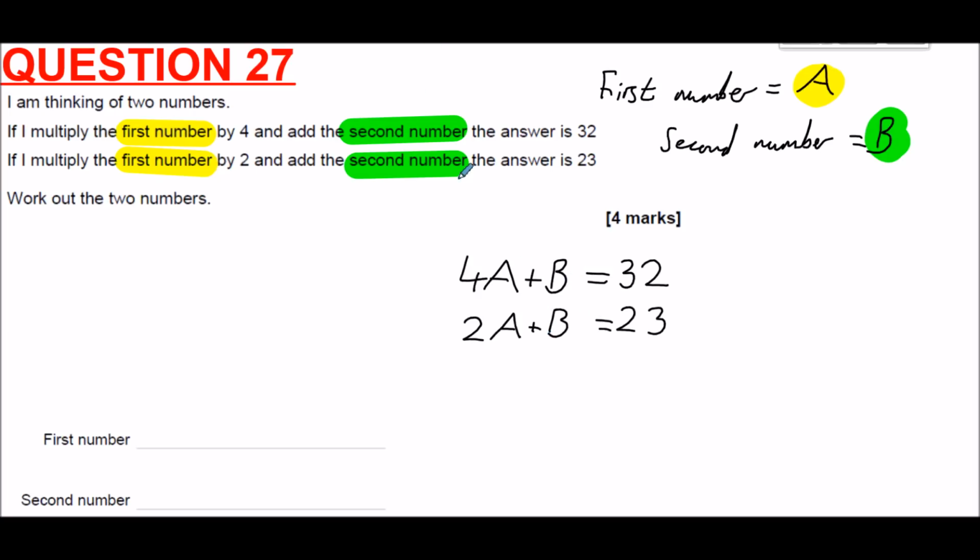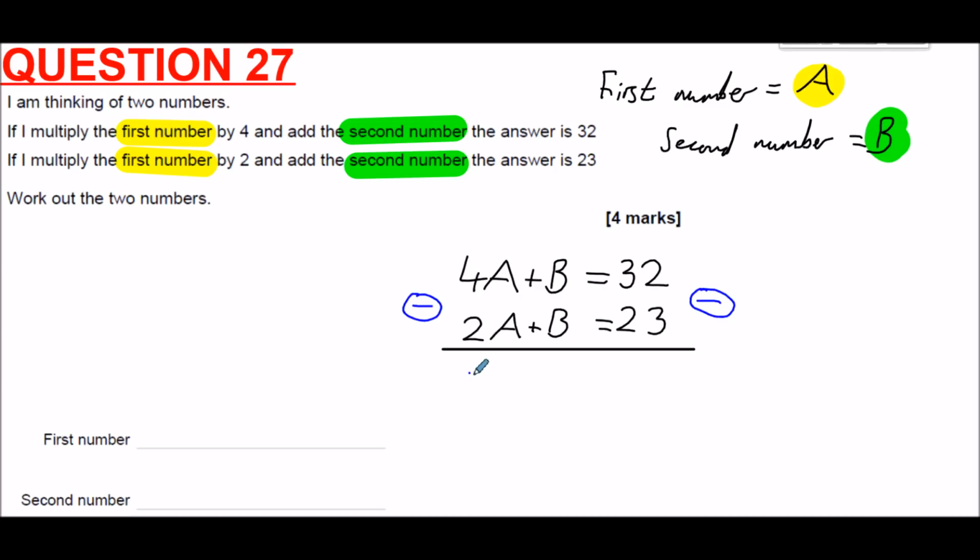And so what I could do is the top equation take away the bottom one. If you did all of the top, take away all of the bottom, the top B, take away the bottom B, would leave us with no B's whatsoever, which is exactly what we're after doing. We want to make one of the letters disappear. Doesn't matter if it's the A or the B, but in this case it's easier to just get rid of the B. So let's do the top equation, take away the bottom.